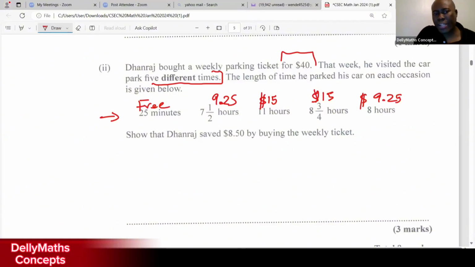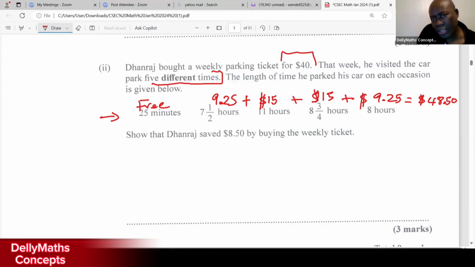So what we want to do is to add up this money. We're going to sum this up quickly and see what goes on. So we're talking about $9.25 plus 15 plus 15 plus 9.25. And when we add this up, this is $48.50.